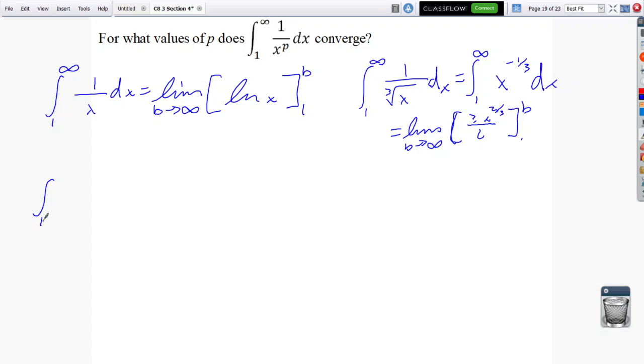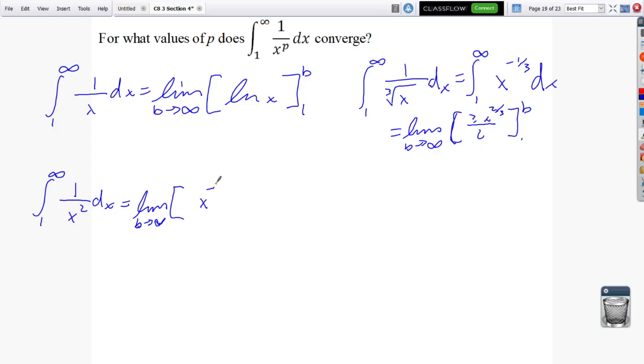Contrast that with a p that is bigger than 1, like let's say I had the integral from 1 to infinity of 1 over x squared dx, we did this one before. When I antidifferentiate that one, I have to think of this as x to the negative 2nd. So when I take my integral, negative 2 plus 1 gives me negative 1.